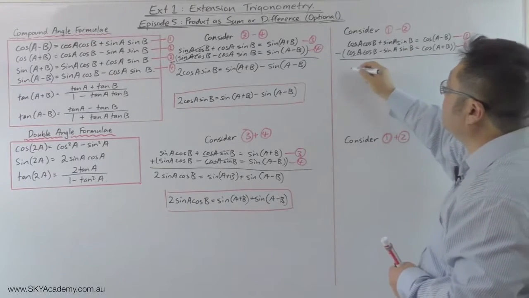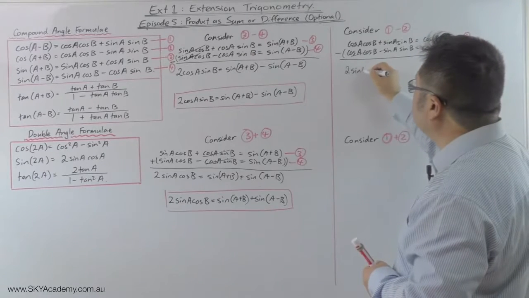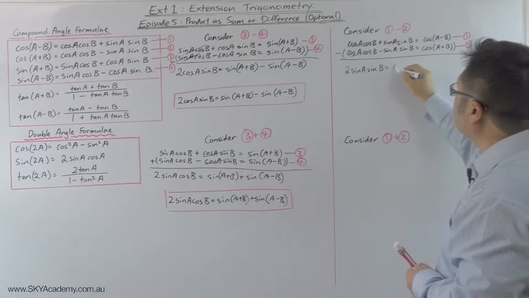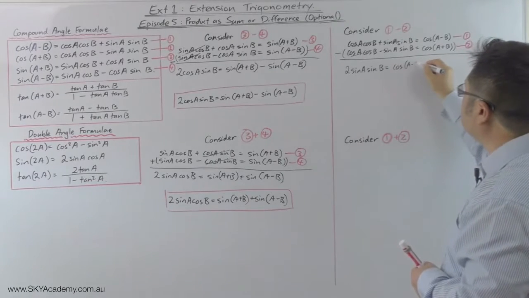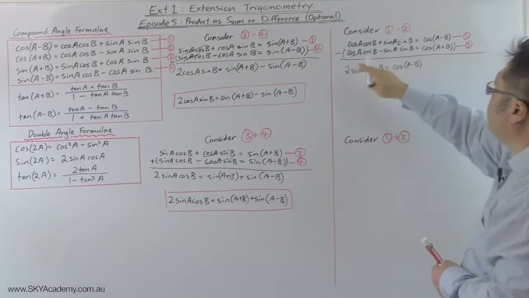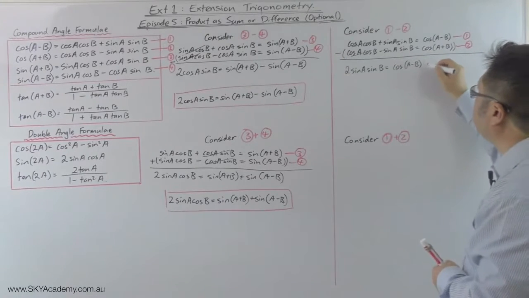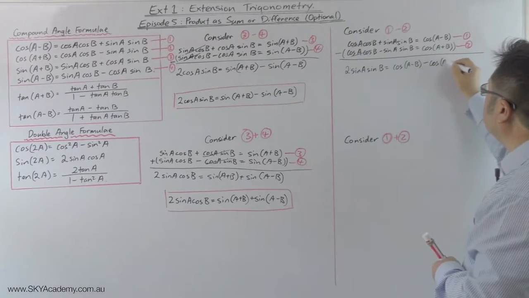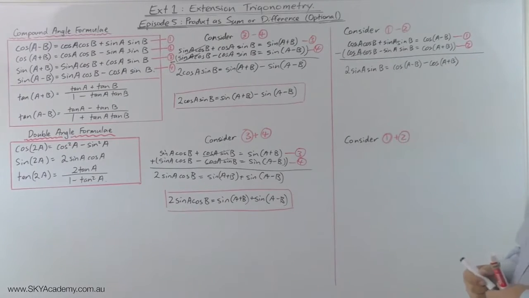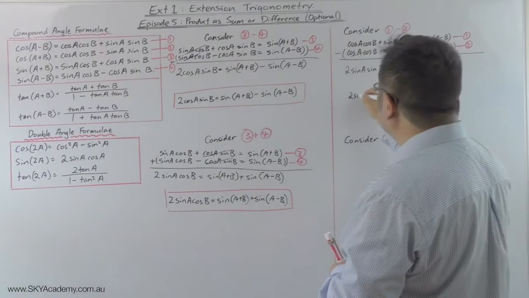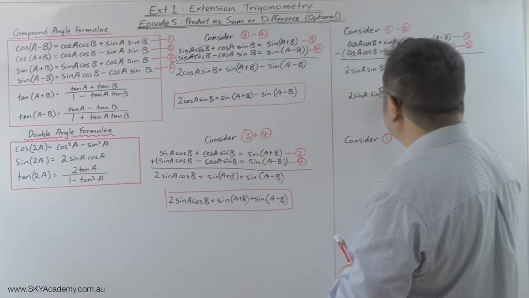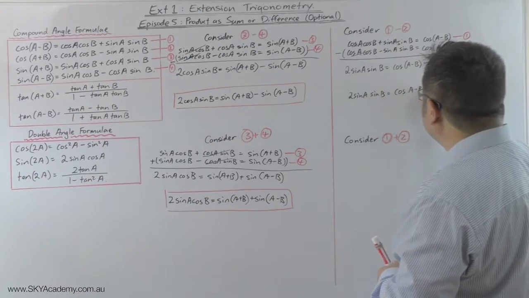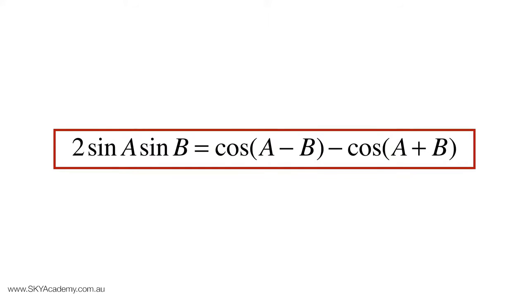When we add those two together, it becomes 2 sine A sine B, and that's equal to cosine A minus B minus cosine A plus B.